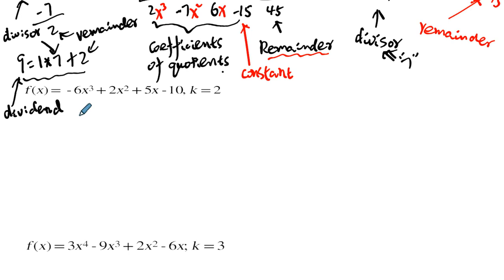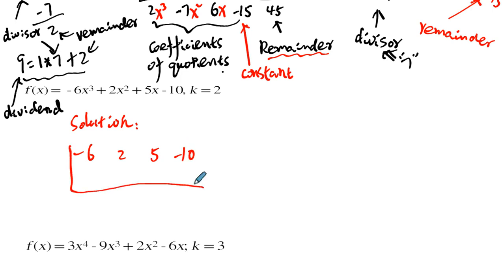Okay, let's see our solution for the second one. Negative 6x, then you have a positive 2, 5, negative 10. Then in this case, you put 2 here, take negative 6 down. 2 times negative 6 is negative 12. Add negative 12 and 2, we have negative 10.